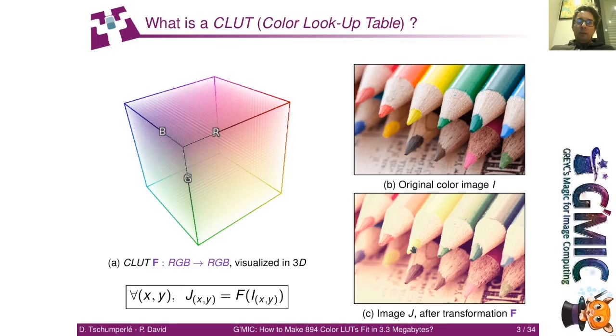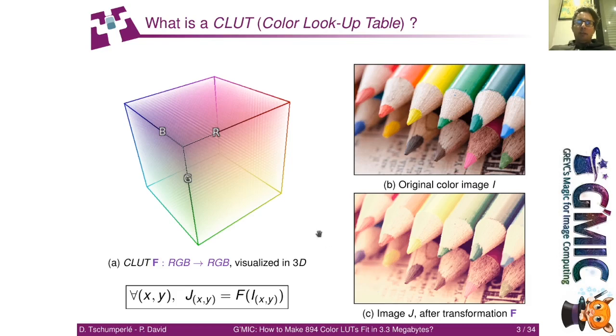And we actually do this for all image pixels. Note that if in your image 2 points have identical colors, then they will keep as identical colors after the mapping. Here you can see an example of applying the CLUT defined on the left to the original color image on the top, which results in the image at the bottom.